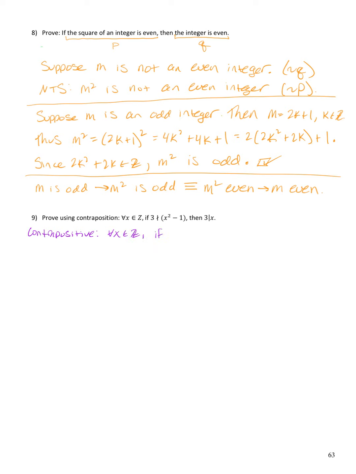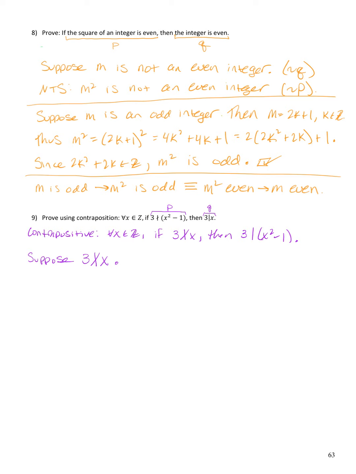So I'm going to start by supposing the if part of the contrapositive, that 3 does not divide x. All right, that means if 3 does not go into x, there's a remainder, right? When you try to divide x by 3, you get a remainder, and the remainders can only be 0 or 1 or 2 when you divide by 3.